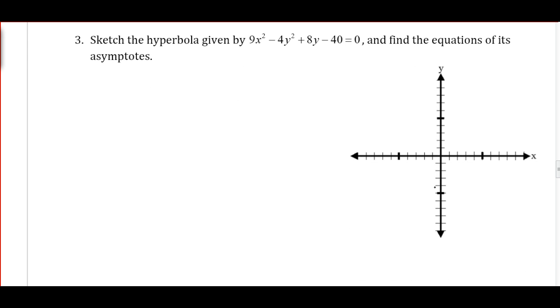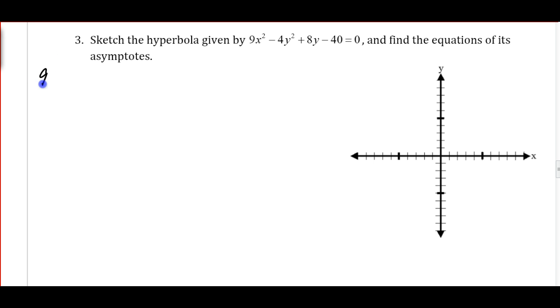Number 3, we want to sketch the hyperbola and find the equation of its asymptotes. So we're going to have to put this in standard form. Notice that we only have the 9x squared term, but we have some other stuff here. So we're going to have to do some completing the square to get this into standard form. With a hyperbola, you really have to be careful with the signs.